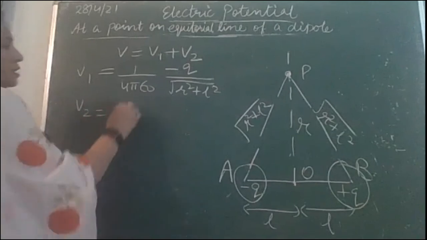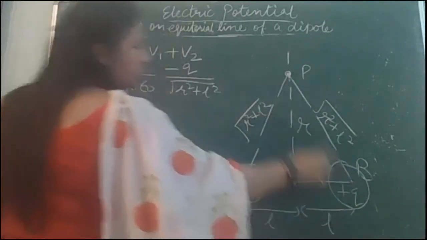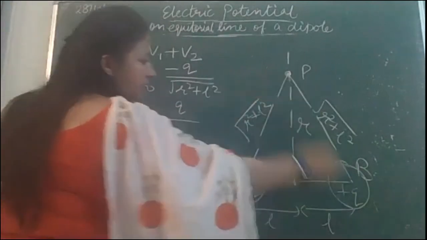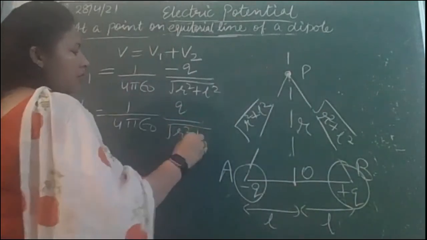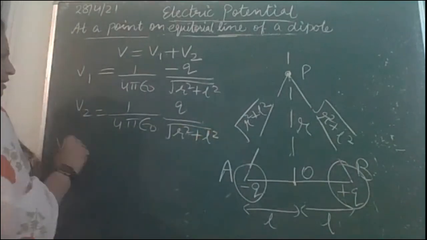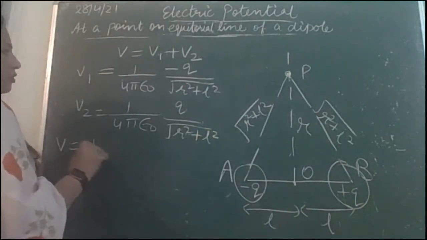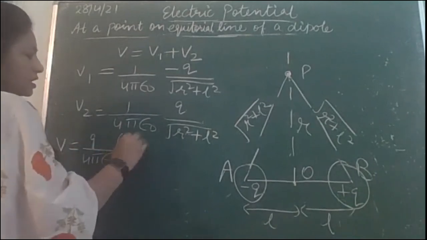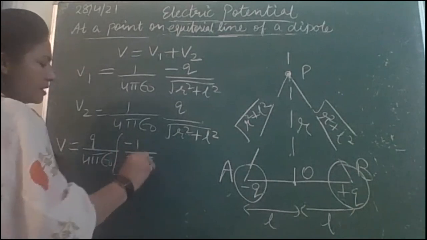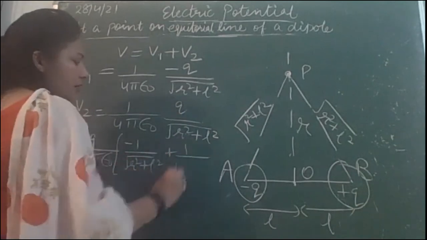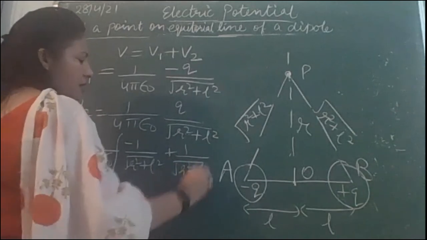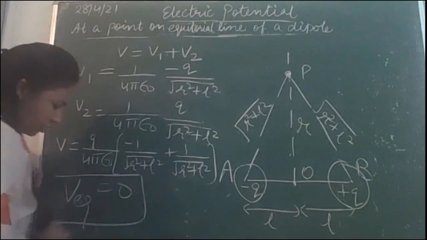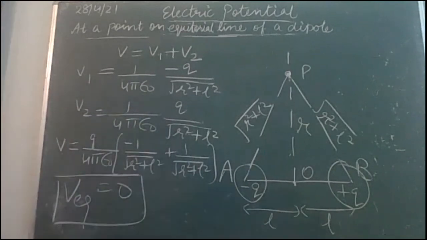And V2 is potential at P due to plus Q charge, so it is K plus Q by R, again the distance is the same. When we put both the values, take Q over 4 pi epsilon naught common again. So that is minus 1 by under root R square plus L square plus 1 by under root R square plus L square. So that is 0. So note it down: potential at a point on equatorial line of dipole is 0.